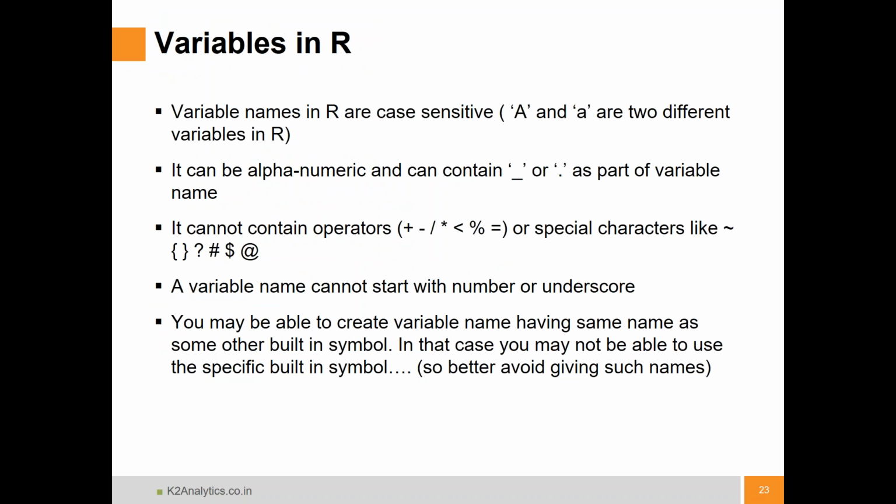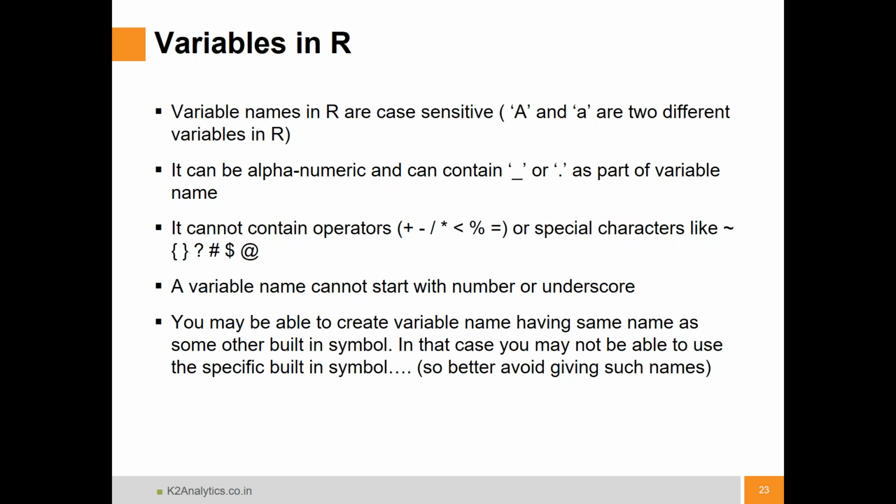There are certain rules each tool imposes on how you can name variables in that programming software. Likewise, we saw that R also has certain rules. Variables can be alphanumeric. It can have underscore and dot. These two special characters it can have as part of the R variable names.